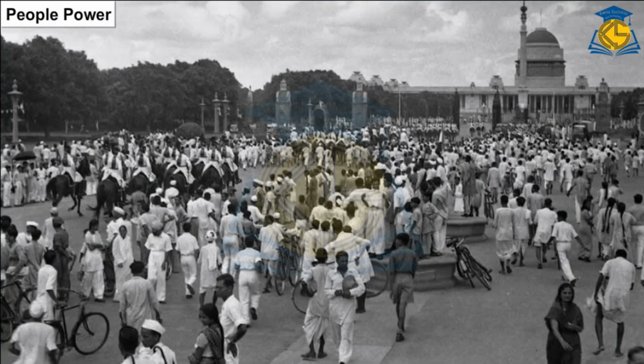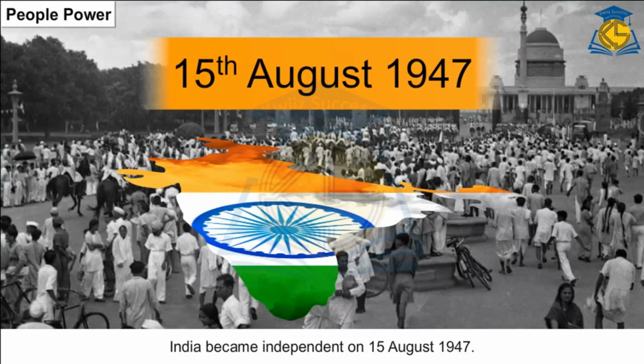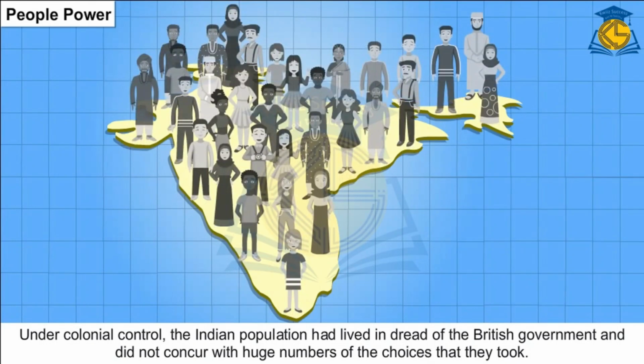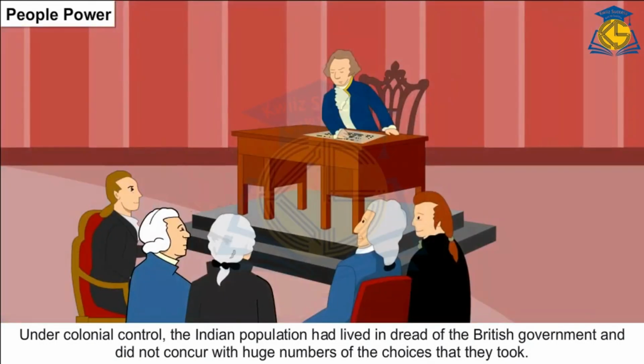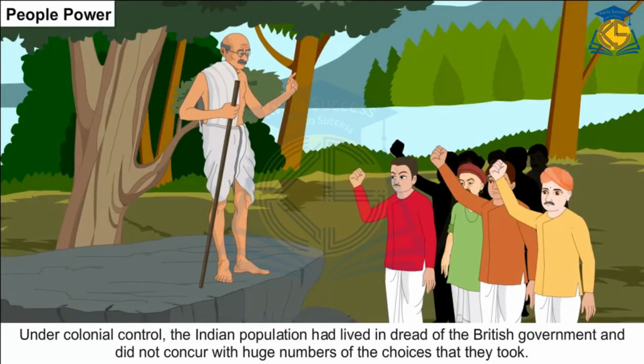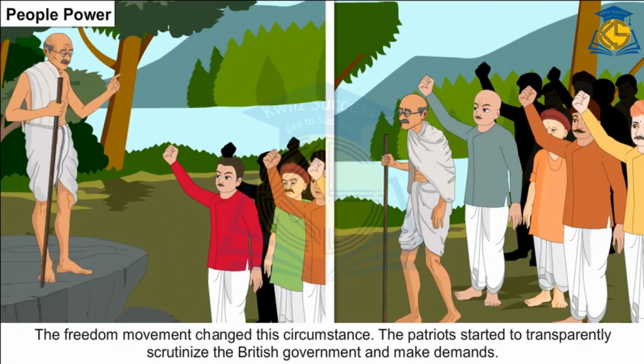People power. India became independent on 15th August 1947. Under colonial control, the Indian population had lived in dread of the British government and did not question many of the choices that they took. The freedom movement changed this circumstance.